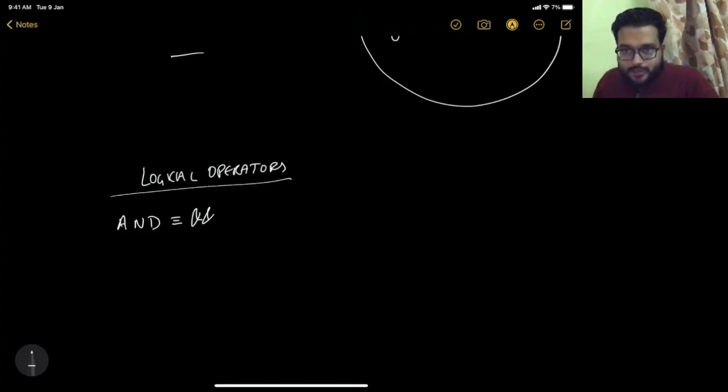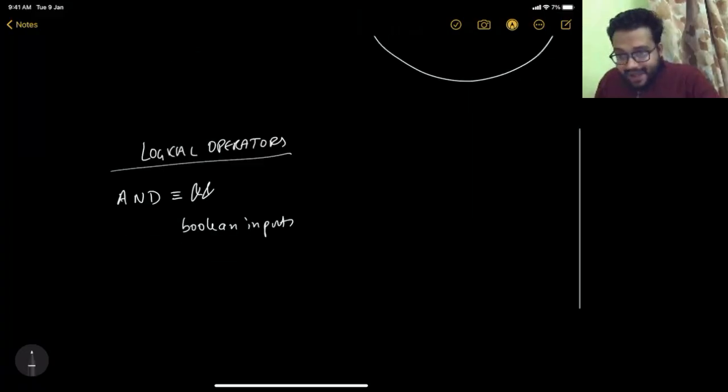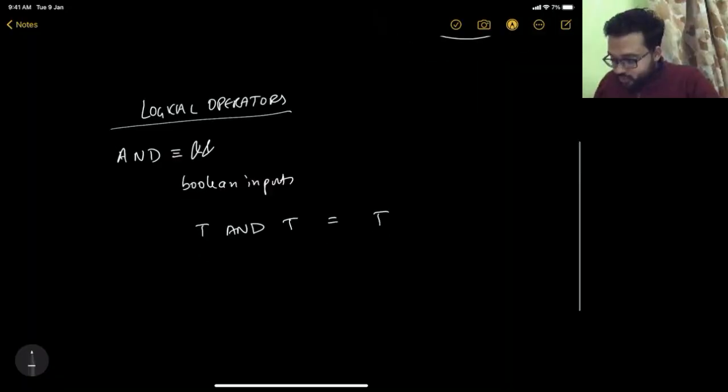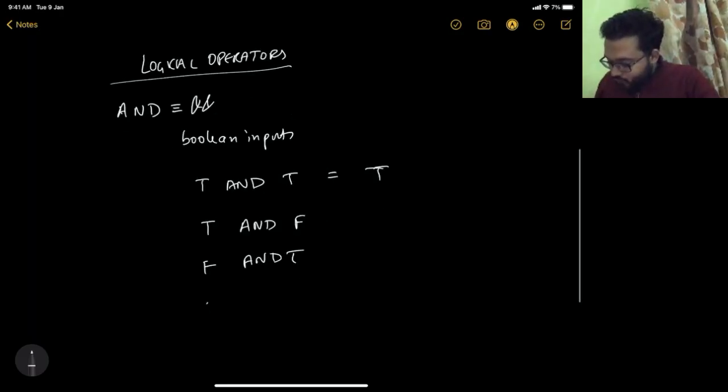If you have a true and a true, it will give you a true. Apart from it, if you have any other combination, that is true and false, or false and true, or false and false, you will always get a false. Guys, is that clear? This is what a logical AND is.